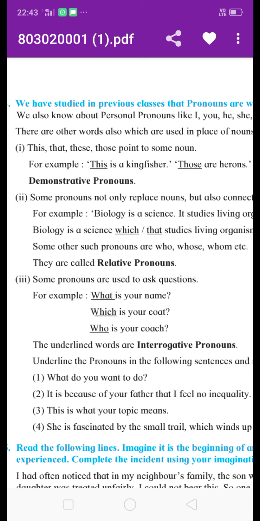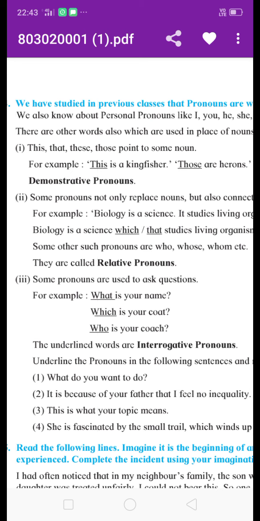That time these pronouns are interrogative pronouns. Example: what do you want to do? Here what is the interrogative pronoun. Then next, which is your coat? Which is the interrogative pronoun. Then, who is your coach? Who.